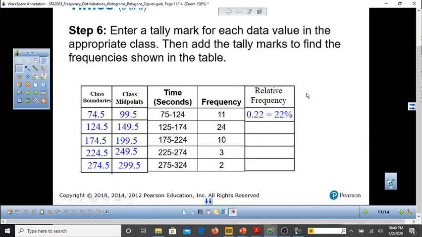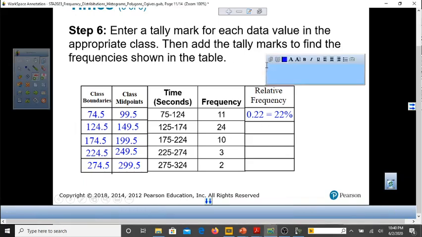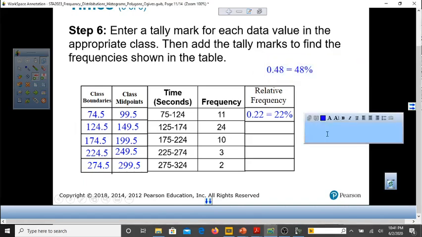All right, and so let's put in the others as well. So the next one would be 0.48, which could also be written as 48%. And then the 10 would be 0.2, and that could be written as 20%.